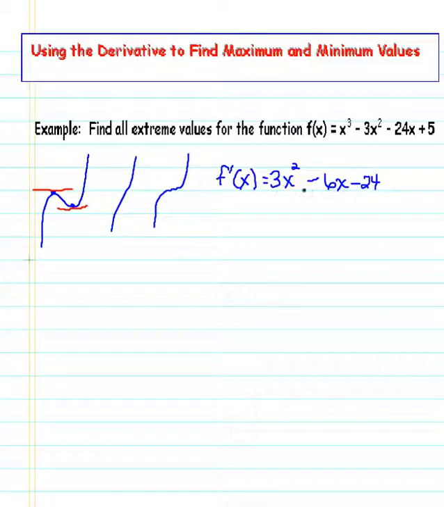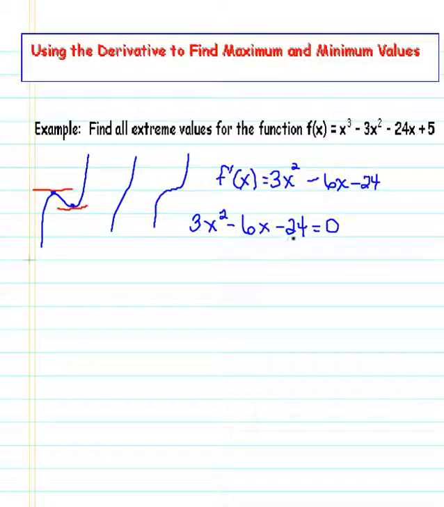In this particular instance, we're thinking about this case over here where the line is a horizontal line and the slope is 0. So what we're going to do to find these maximum values is we're going to take this equation, 3x squared minus 6x minus 24, and set that equal to 0 because the slope is 0 at the extreme values.